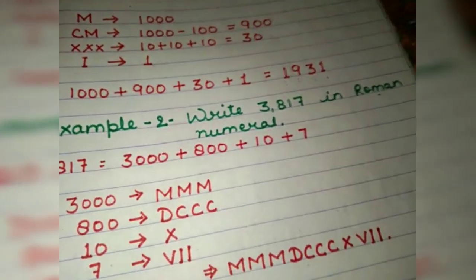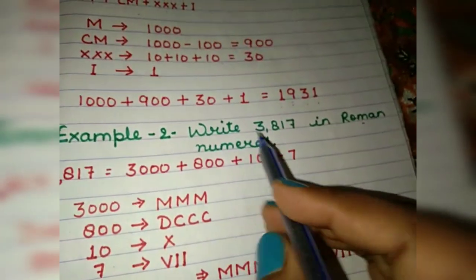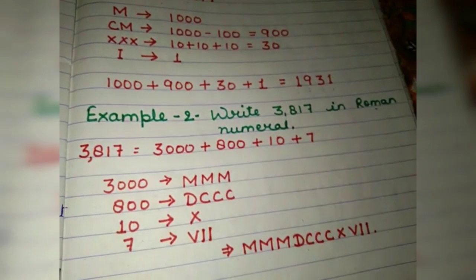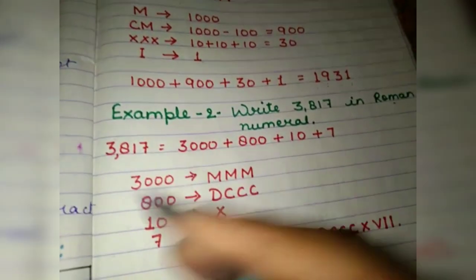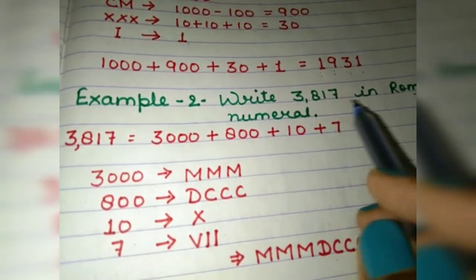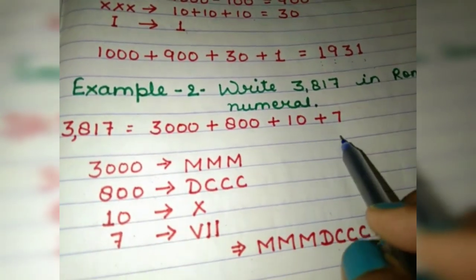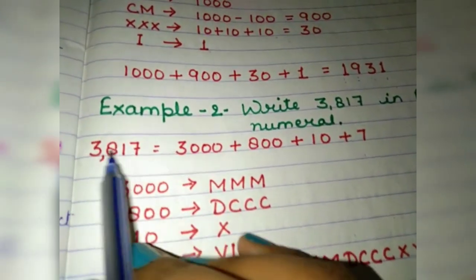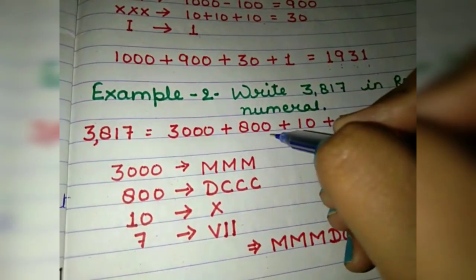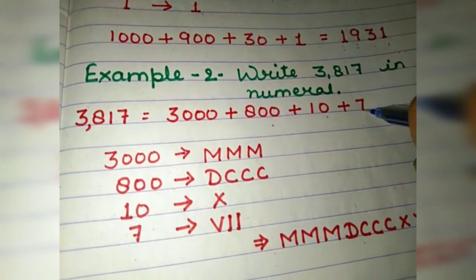Now let us look at another example. What is example 2? Example 2 is: write 3817 in Roman numerals. So we first write the number 3817 in expanded notation. We write 3817 as 3000 plus 800 plus 10 plus 7.